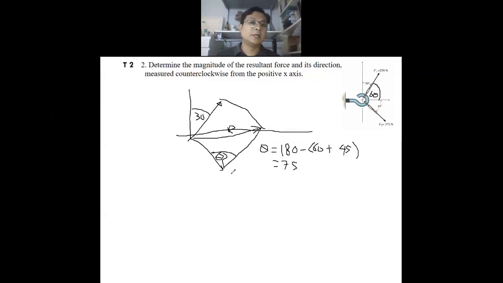Yes, that is. Okay, after that, you can use the resultant formula.